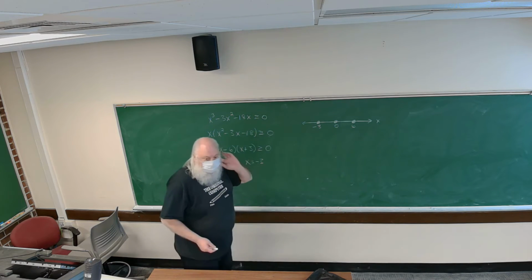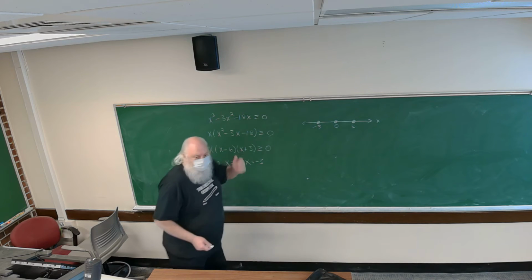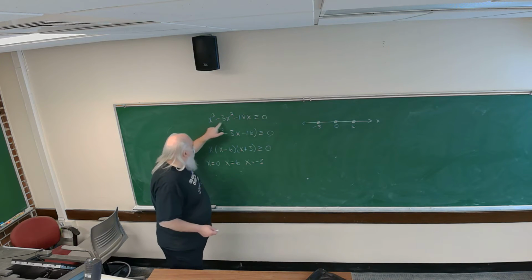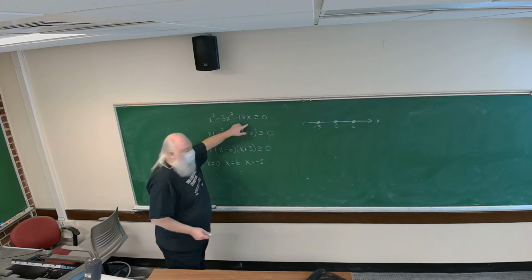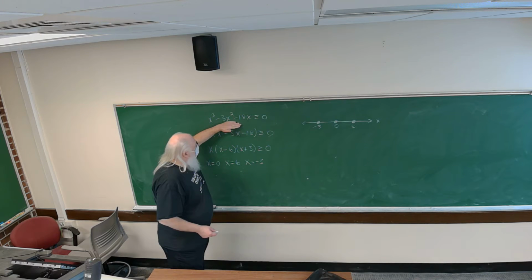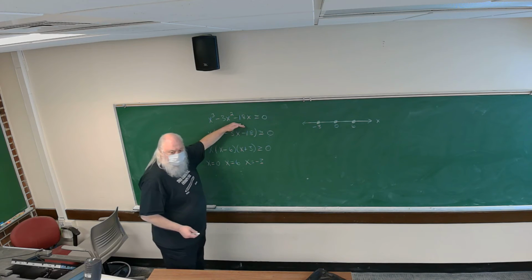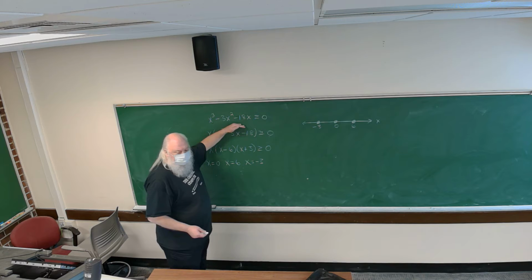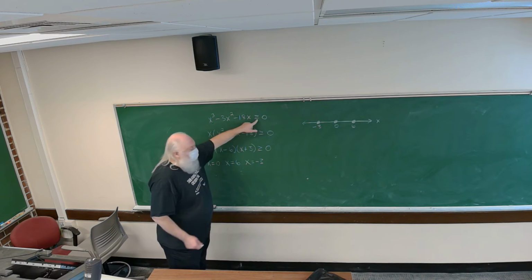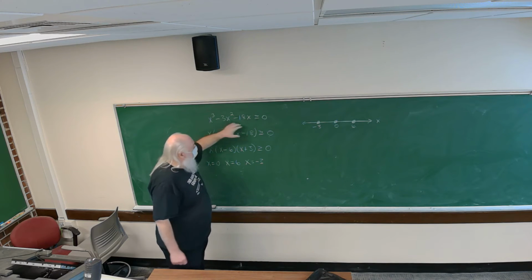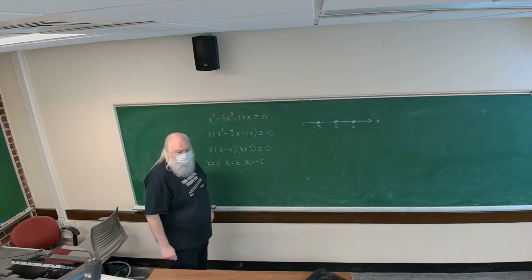So how can you say that works in the equation? Well, you put negative 3 in for x up here, and the left-hand side equals 0. So negative 3 is part of our solution. I think you're confusing something: all the x's don't have to be greater than or equal to 0. Just the value of the left-hand side has to be greater than or equal to 0.